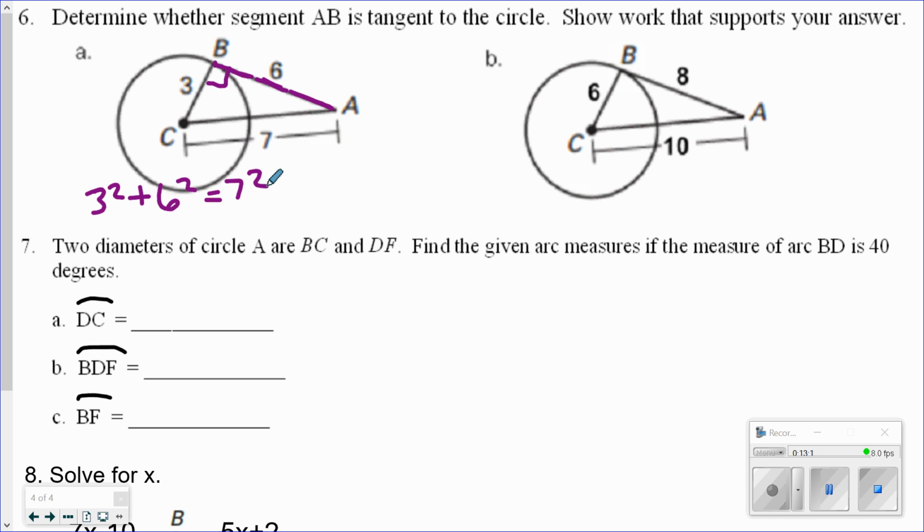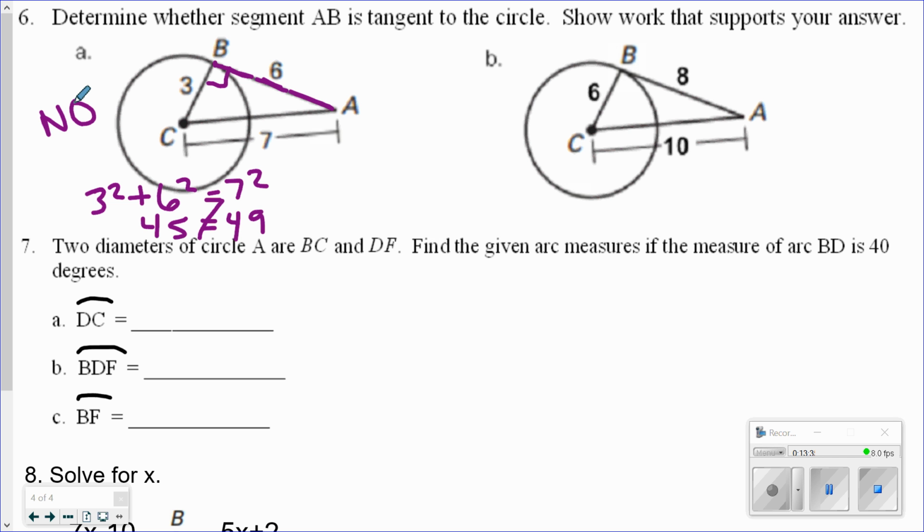Well, if we plug this in our calculator, we get that 3 squared plus 6 squared is 45, and we get that 7 squared is 49, and we obviously see that 45 is not equal to 49, so no. AB is not tangent in part A. Let's look at part B here.